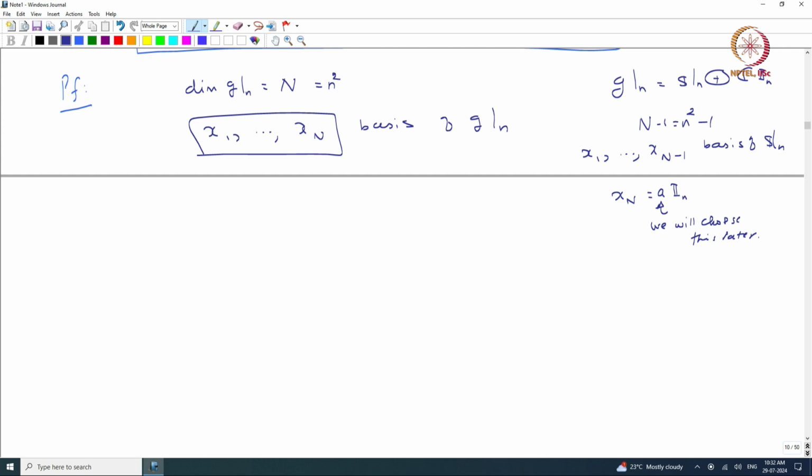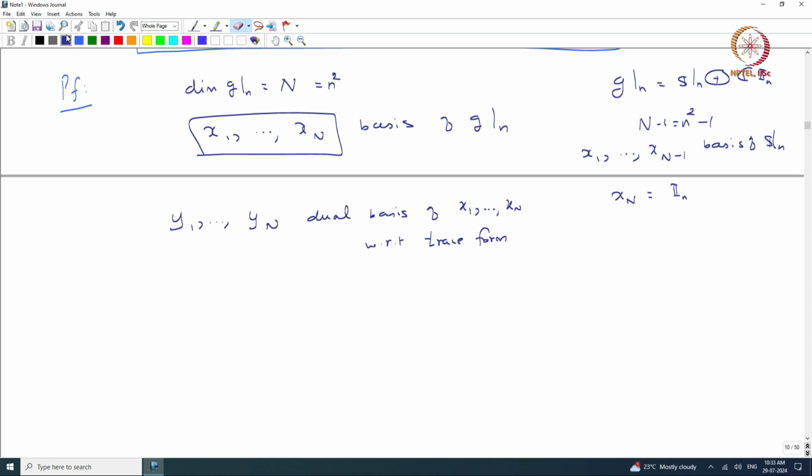Let us do the computation and then see what we want to choose. So, we have this basis, and now we can take the dual basis of x1 etc. xN, again with respect to the trace form. I guess we can take this scalar to be just 1.